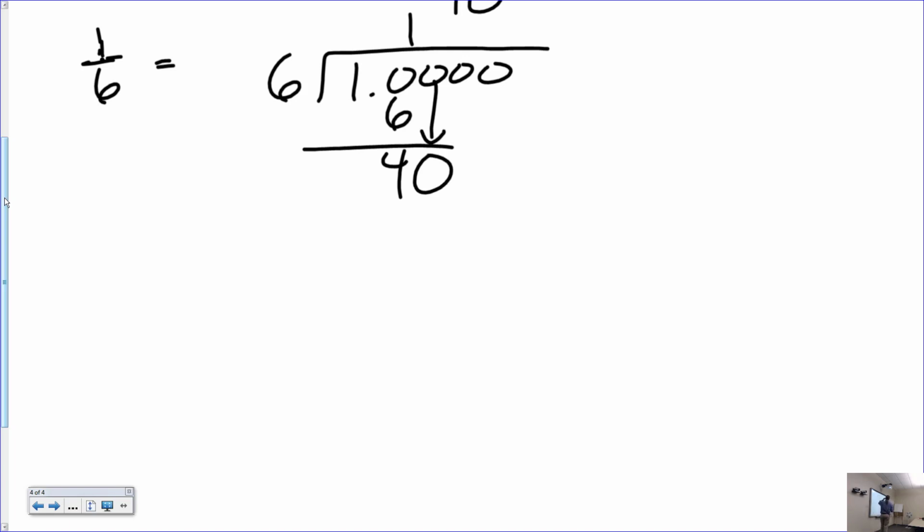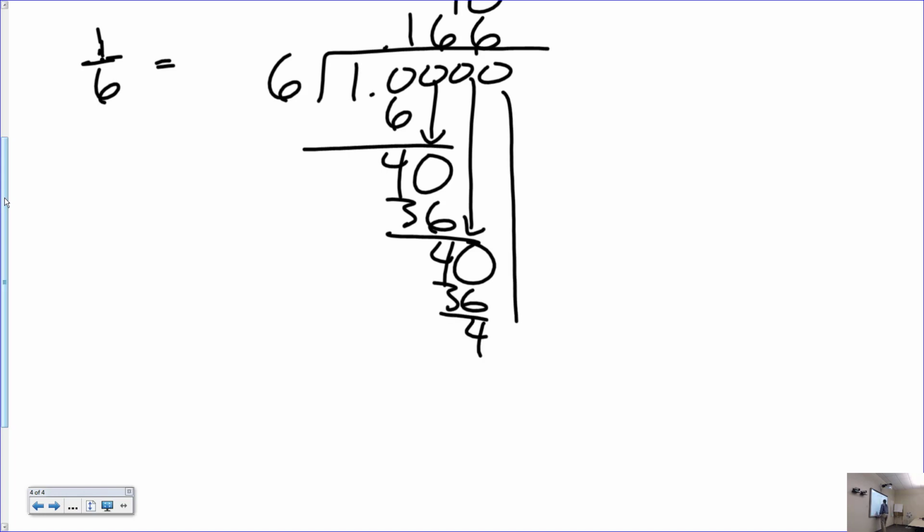How many times does 6 go into 40? 6. How many times does 6 go into 40? What's going to keep happening, folks? So how do I write that decimal so that I know what I mean? Note, folks, the 6 is repeating, but the 1 does not. Do not put the bar over the 1. Okay? Be careful with that.